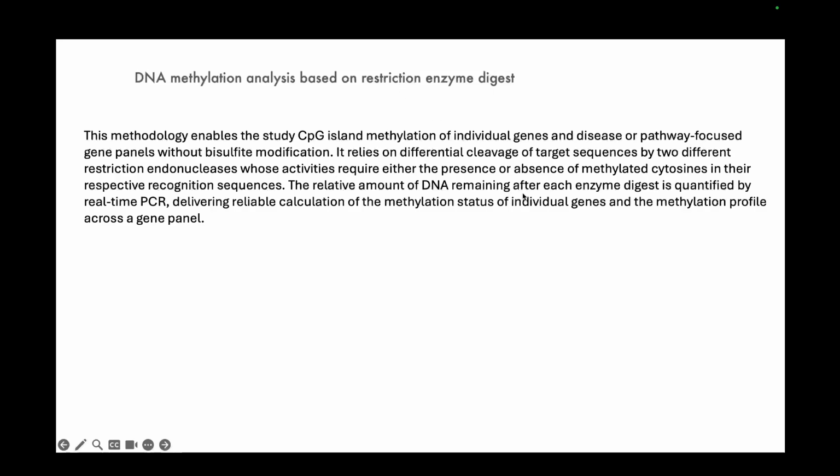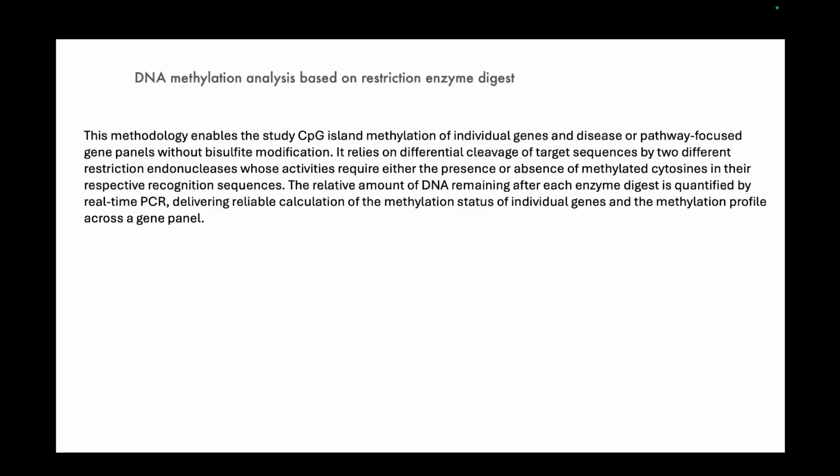The relative amount of DNA remaining after each enzyme digest is quantified by real-time PCR, delivering reliable calculation of the methylation status of individual genes and the methylation profile across a gene panel. So basically, you use specialized restriction endonuclease enzymes which identify particular methylation patterns in the genome, and depending on the methylation pattern, they will act or not act.